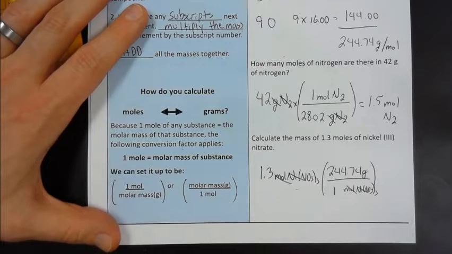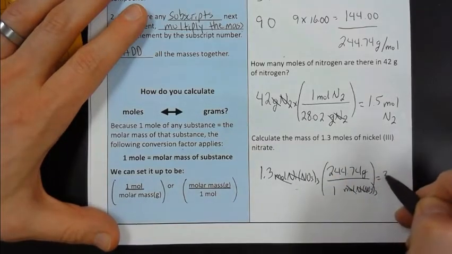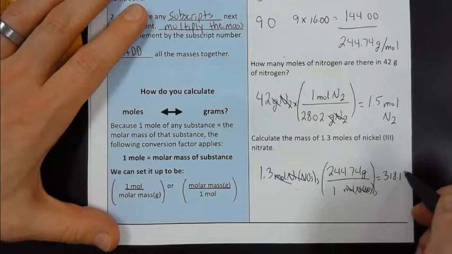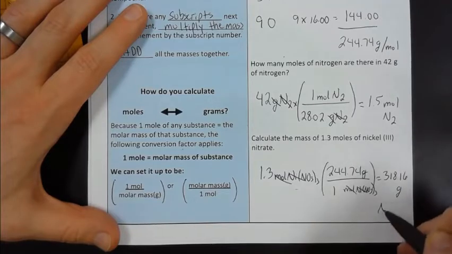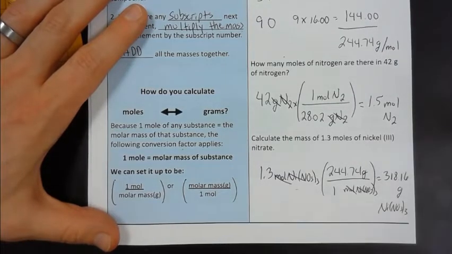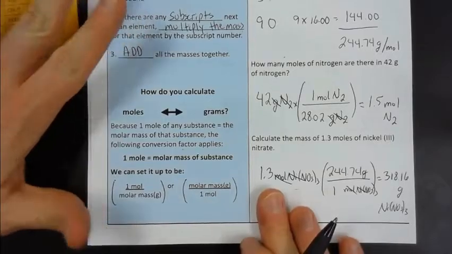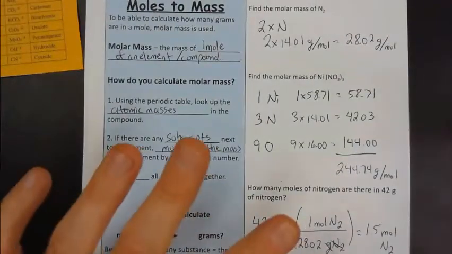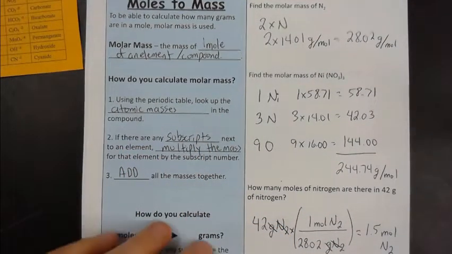So we're going to multiply across. We'll say 1.3 times 244.74 is equal to 318.16 grams of nickel(III) nitrate.